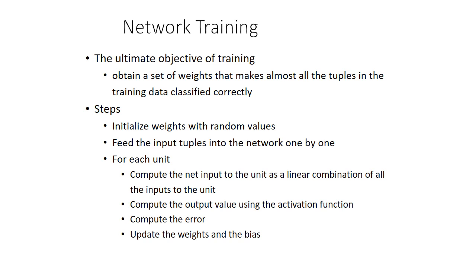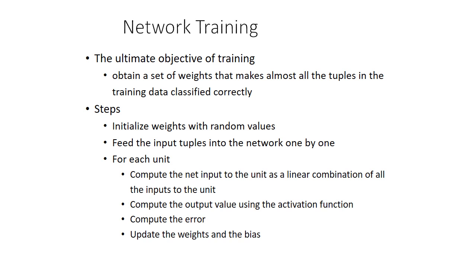The second step is to feed the input tuples into the network one by one. We are not going to throw all the input values at once, just feed one by one. For each unit, compute the net input to the unit as a linear combination of all the inputs to the unit.